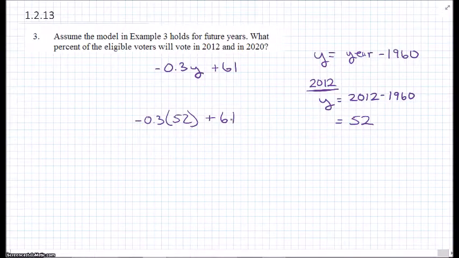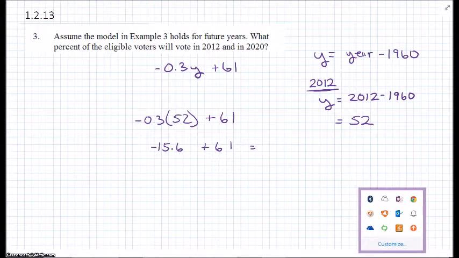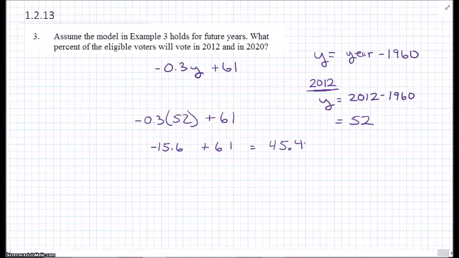When you plug that in your calculator, you're going to get negative 15.6 plus 61. So when you do the math there, you're going to get 45.4. Okay, I'll let you do 2020 on your own.